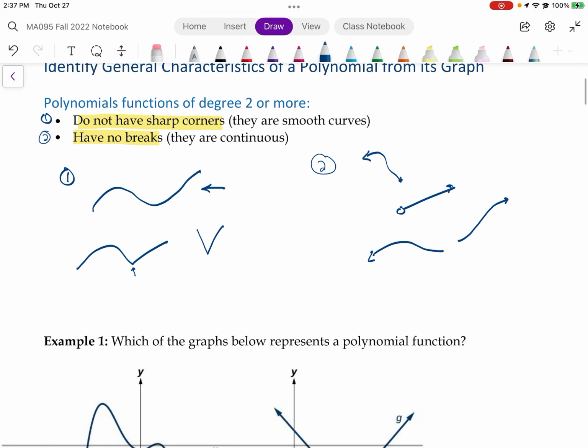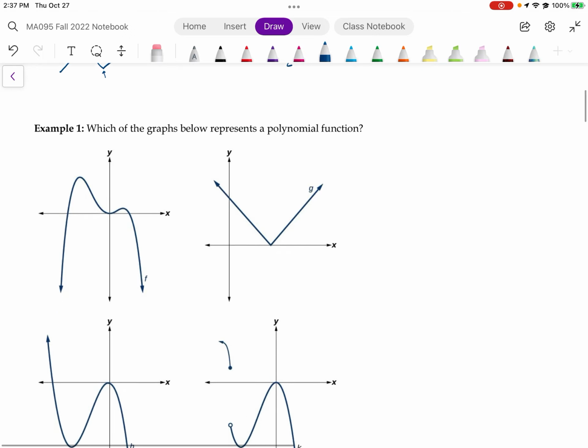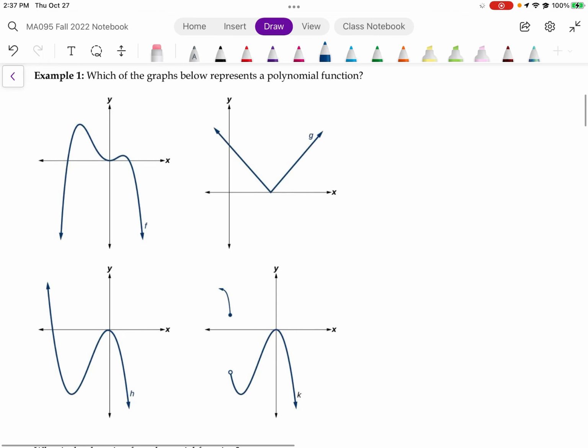Okay, so going on. Which of the graphs below represent a polynomial function? So let's look at all 4 of them. So pause the video and think about which ones are polynomials. Okay, so hopefully you see that this one is a polynomial. It's smooth and continuous. This one is not a polynomial.